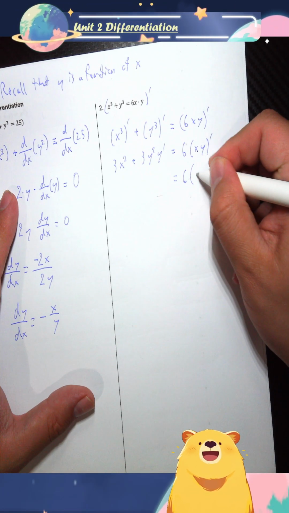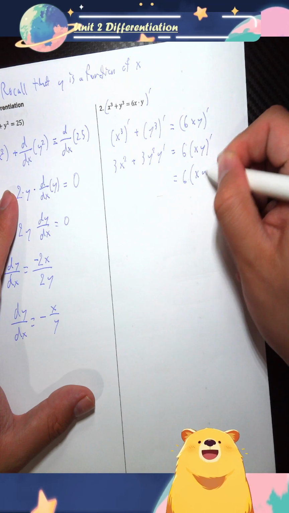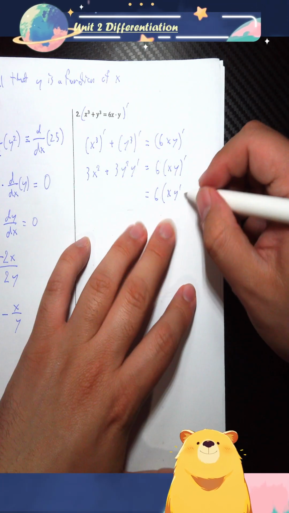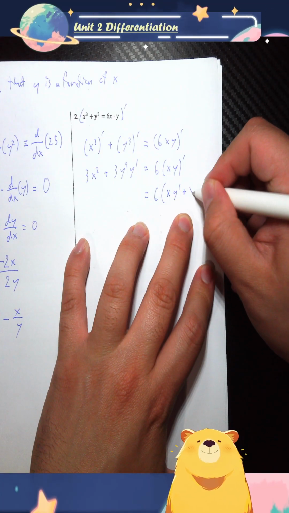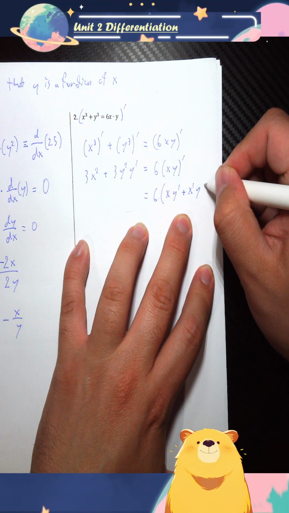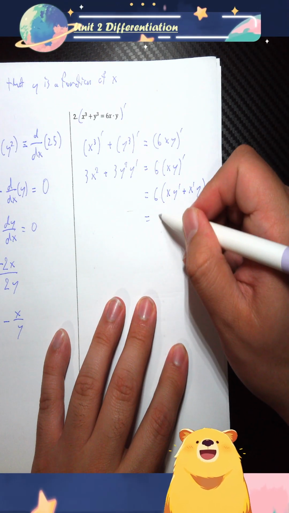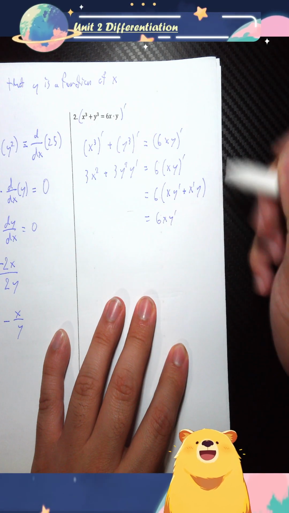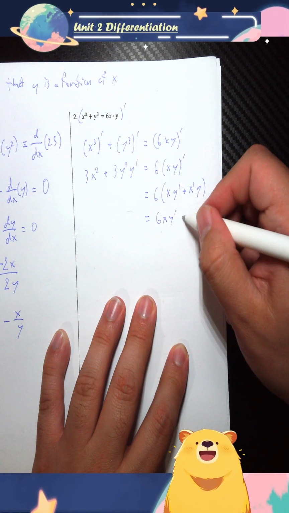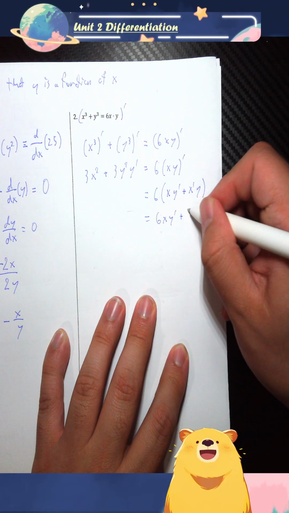So 6 times x y prime plus x prime y. This part can't really be simplified, so it just becomes 6xy prime. And x prime is just 1, so 6y.